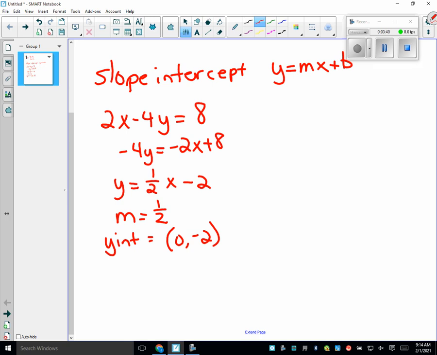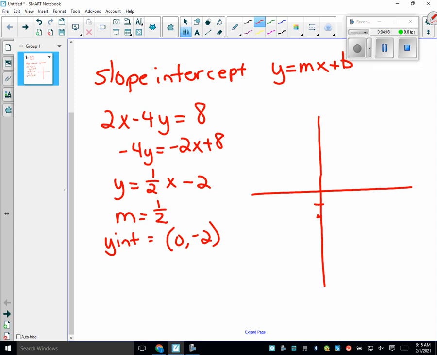Go with me. What does the y-intercept mean? It starts at -2. I'm just going to do a sketch graph. On the y-axis, I have a point at -2, right? And then you go up 1 over 2. The slope is, have you heard it said as rise over run?